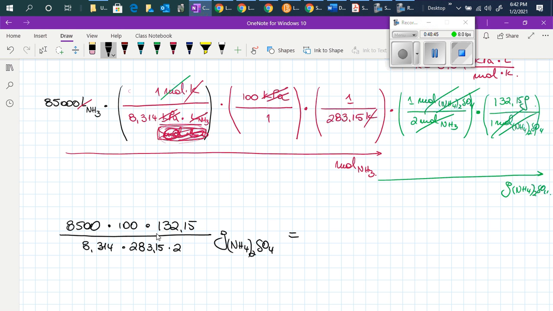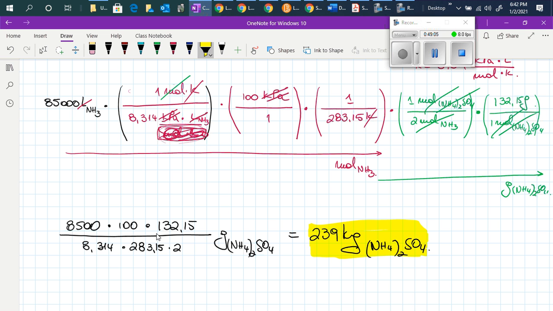And you should have the same answer, 239 kilograms of (NH4)2SO4. So both methods are fine. You can use whatever you feel more comfortable with.